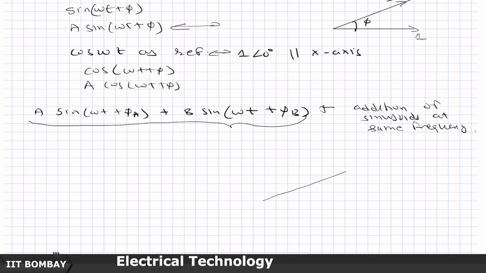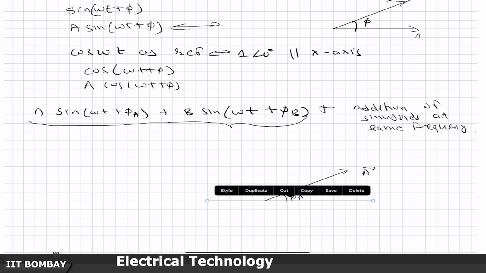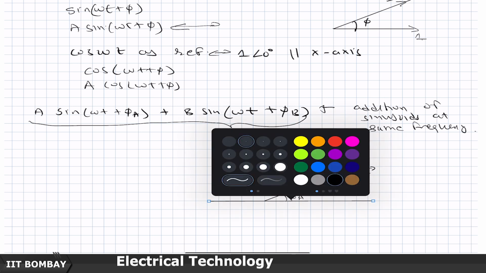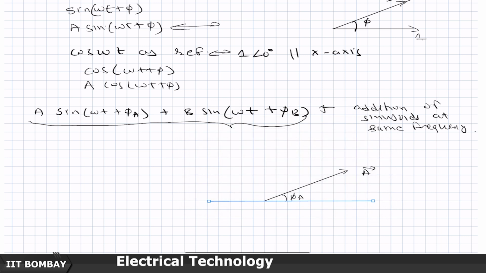I told you last time that you can take this as the phasor A. If you notice, I am showing the amplitude of the sinusoid as the length of the phasor or the vector, and the angle of the sinusoid as the angle from the x-axis.